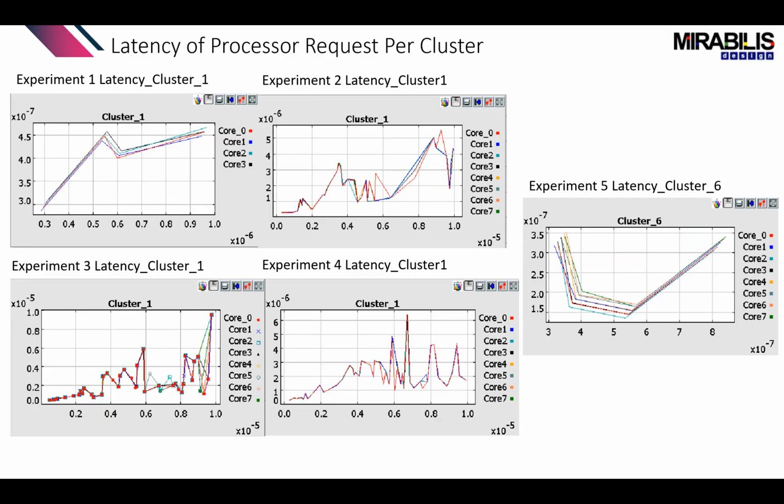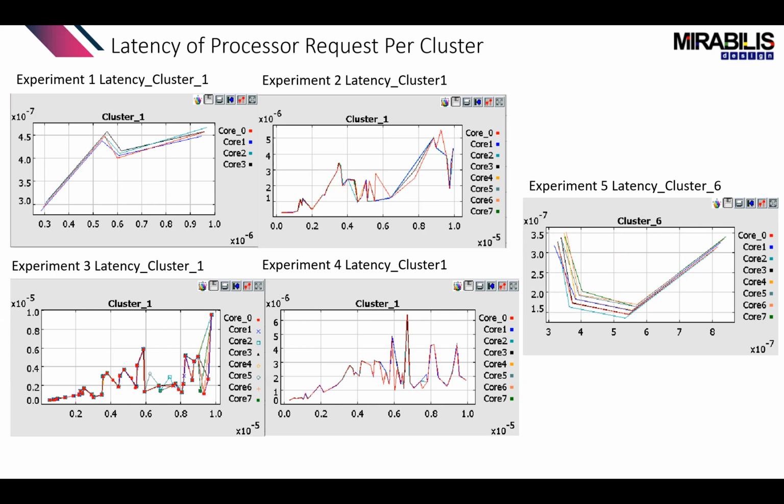The one that's most interesting is experiment 3 on the bottom left, because here you're seeing that the latency is actually increasing. Cluster 1 starts to flatten out towards the end of this simulation, but cluster 1 in experiment 3 is slowly increasing.